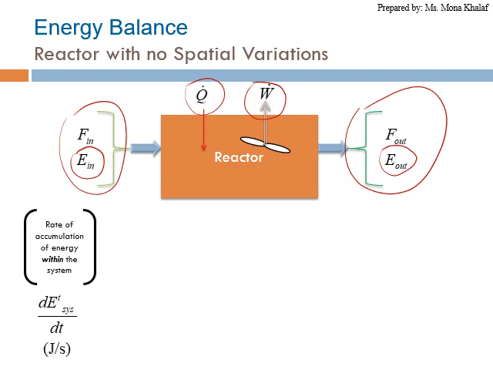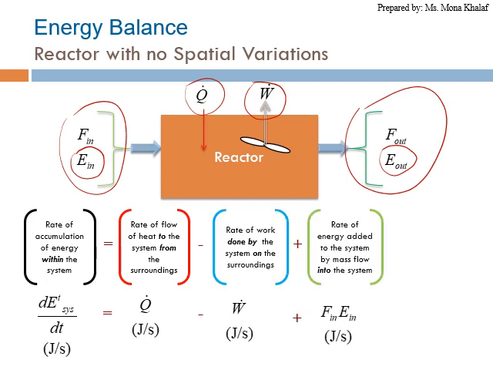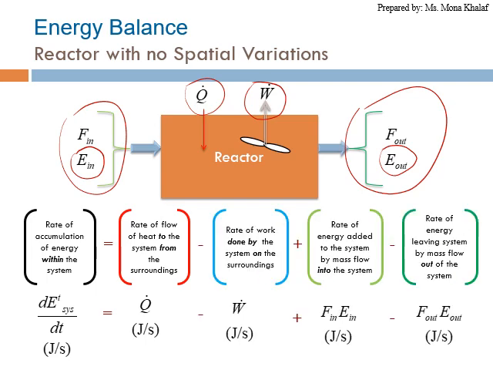Accumulation within the system equals the rate of flow of heat to the system or from the system, and minus work, and then we have the two terms related to mass exchange.